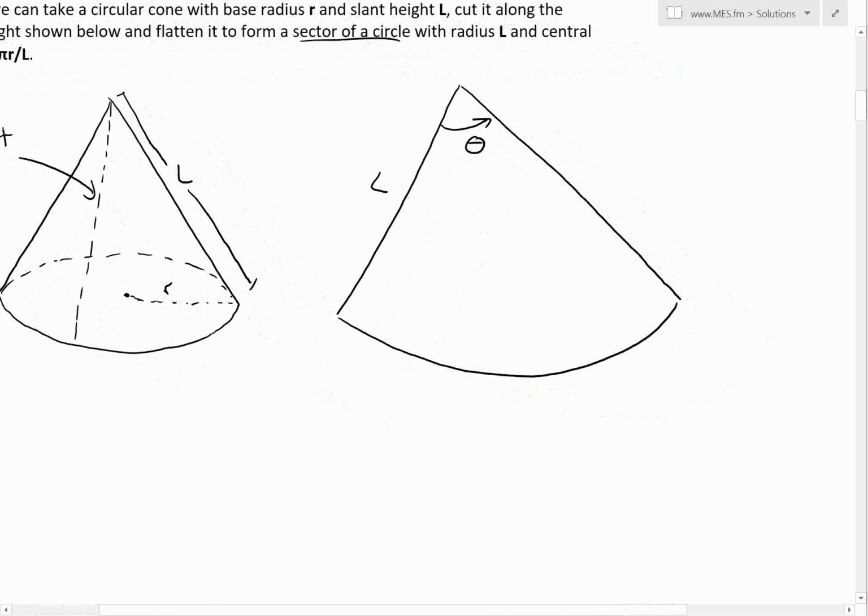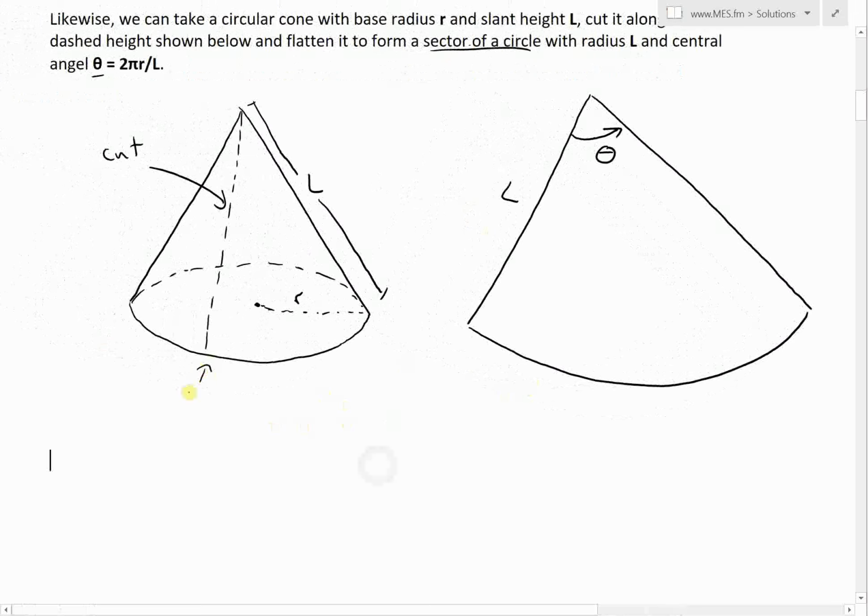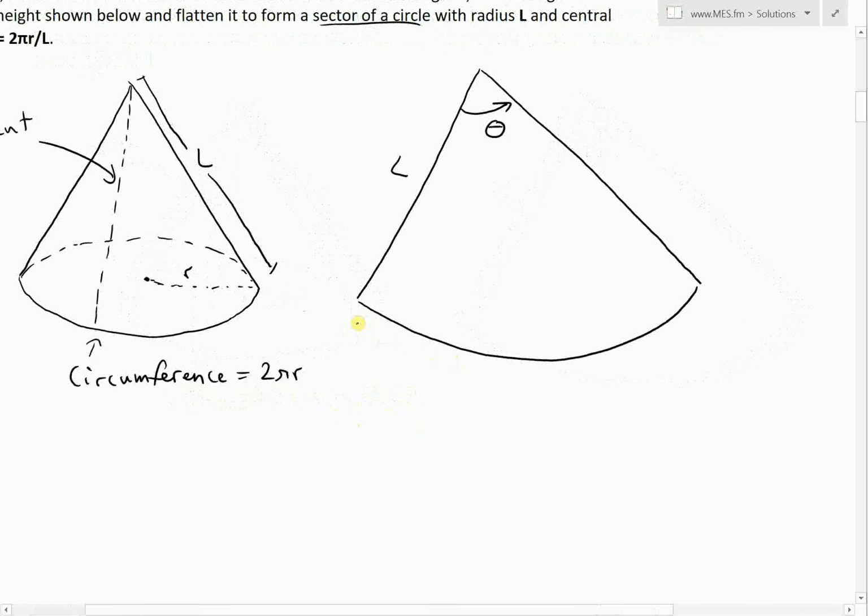This arc right here is just the circumference, the whole round part here. So the circumference, same as with the circle, is equal to 2 pi r, so this arc length is going to be 2 pi r as well.